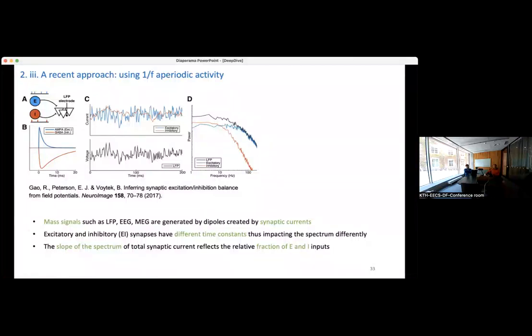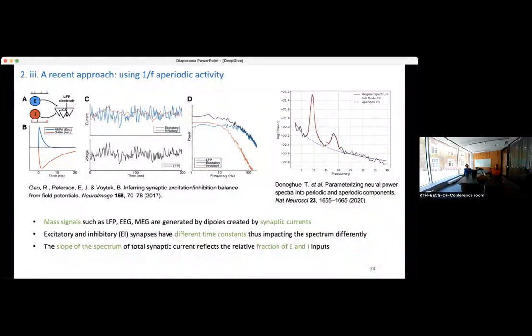So this means that we can have an idea of how excitation and inhibition take place in the brain just by measuring this MEG signal and looking at what we call the power spectrum.